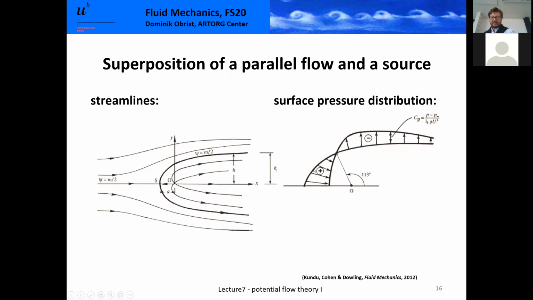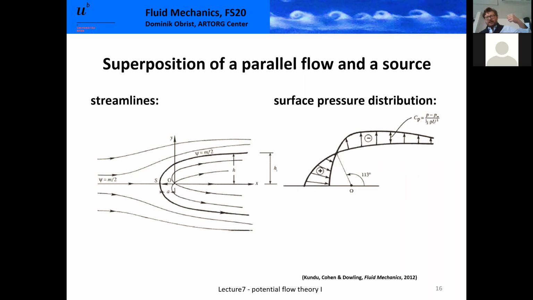So here again, this line is the surface of the object, or this one particular streamline that we chose to be the surface of the object. And the arrows here indicate the pressure. So right here at the leading edge of the object, we have pressures pushing into the object, right?